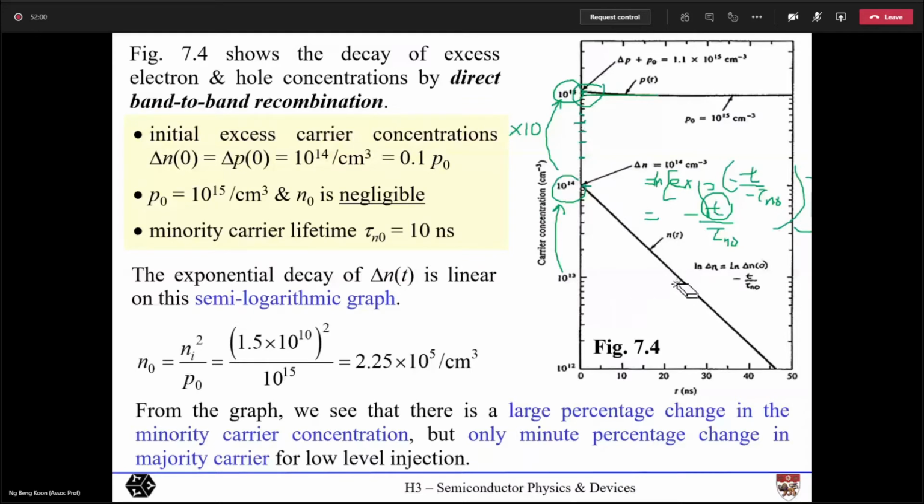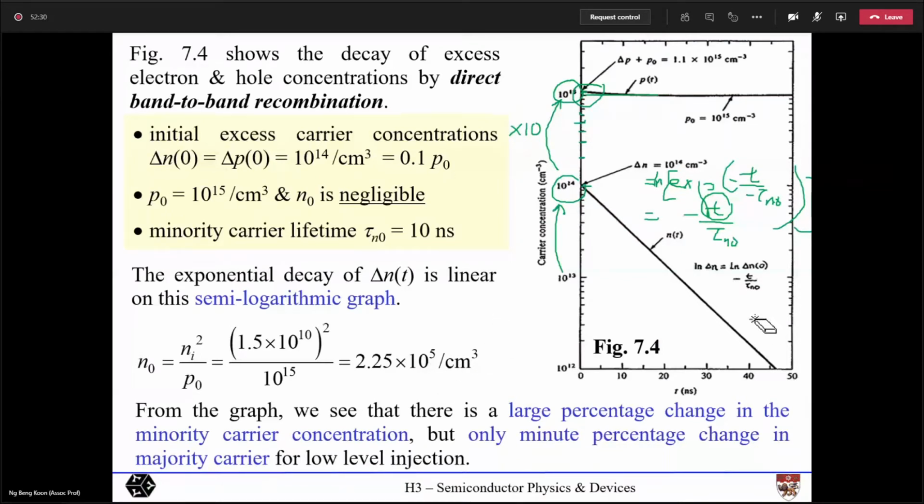And in any case, this will basically decrease quite significantly compared to the thermal equilibrium value. The thermal equilibrium value is actually very, very small. In fact, if you work it out, you should get about 2.25 by 10 to the power 5. So it's way down in the vertical scale. This will drop all the way to the thermal equilibrium value of the minority carrier when you switch off the source.